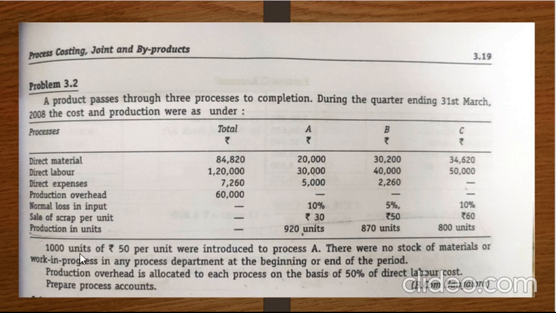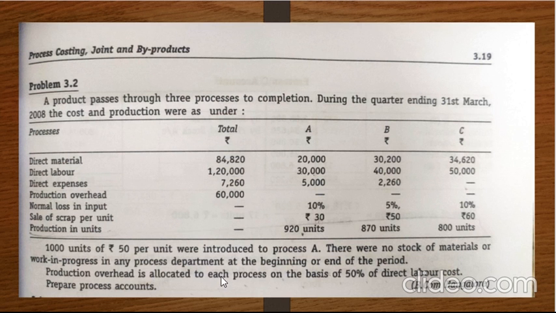Then they have stated normal loss in input is 10%, 5% and 10%. So sale of scrap per unit is rupees 30, rupees 50, rupees 60. Then production in units: they are producing 920 units, 870 units and 800 units for C. 1000 units at rupees 50 per unit were introduced to process A. There was no stock of materials or work in progress in any process department at the beginning or end of the period.